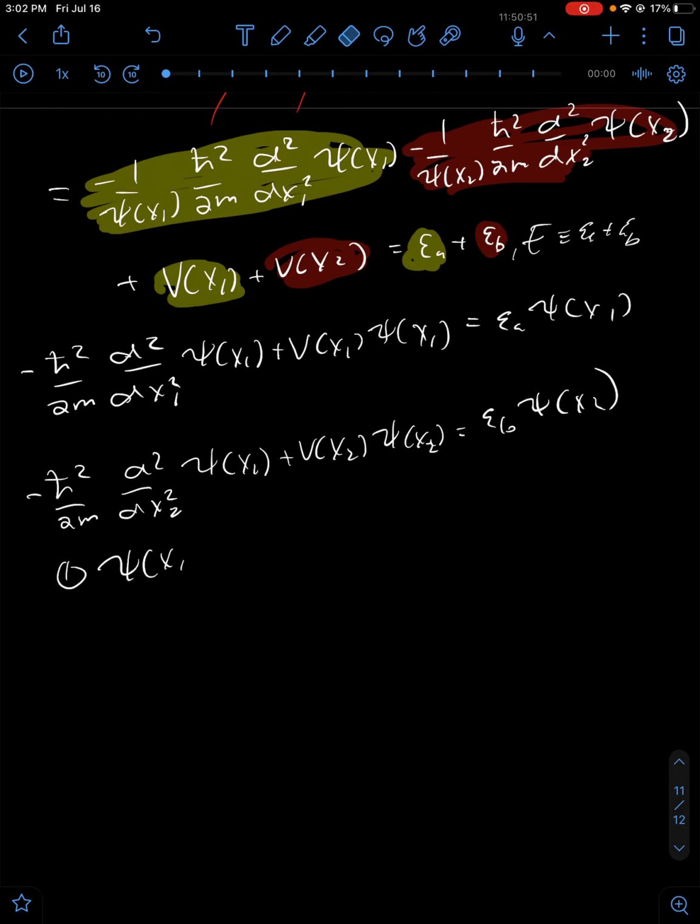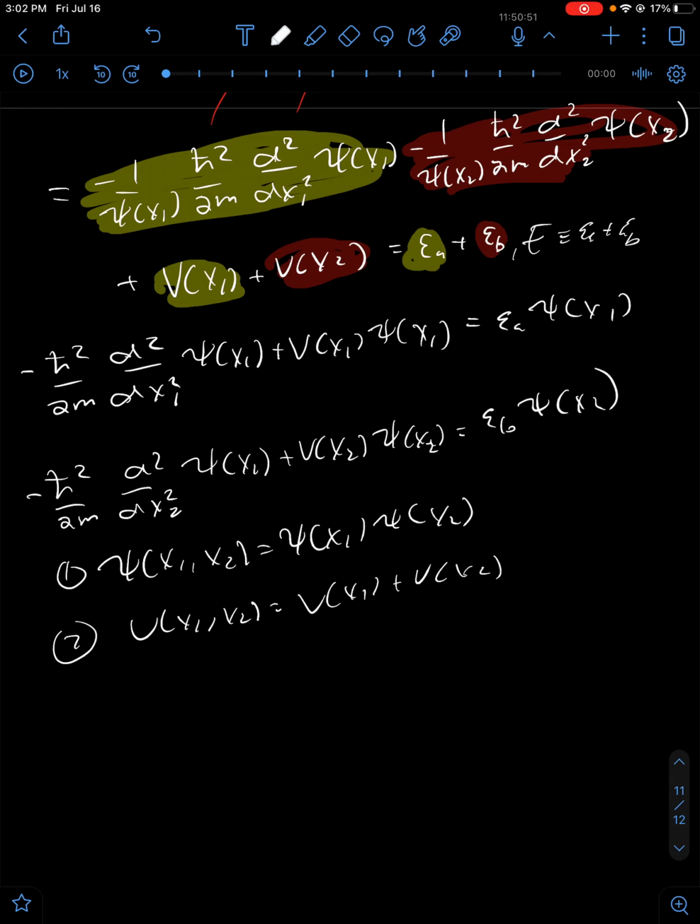And note again that psi of x1 and x2 is just a product of each term, the potential V of x1, x2 is just V of x1 plus V of x2, and our energy is defined as epsilon A plus epsilon B.